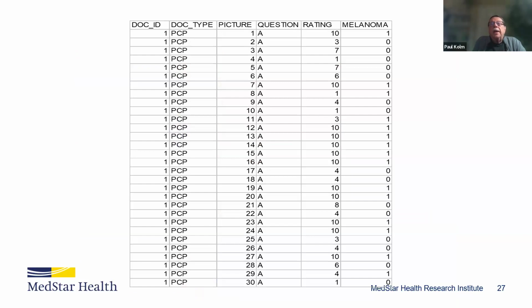This is for question A, so this is rating the likelihood of biopsying. And so you can see that for picture number 1, this physician rated it 10, highly likely to be a biopsy, and thought it was a melanoma. And so we did this for 30 different pictures.